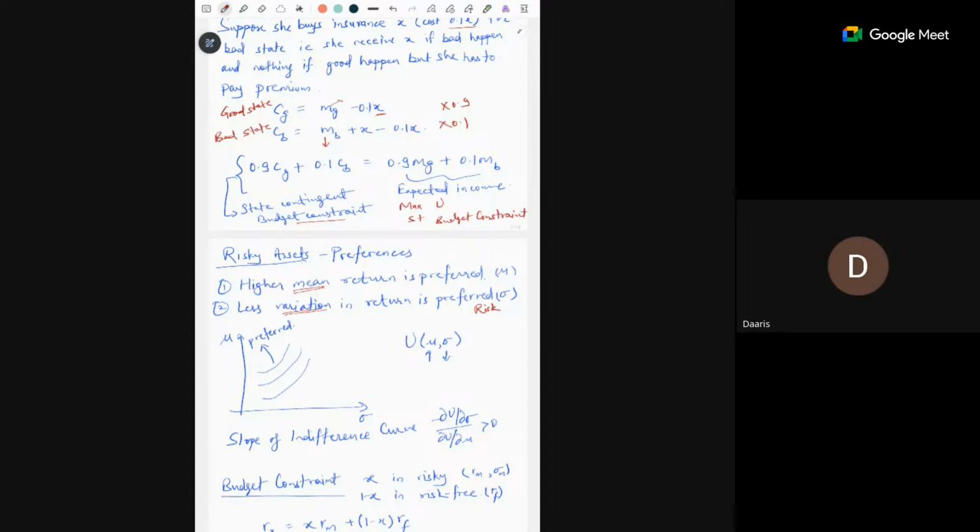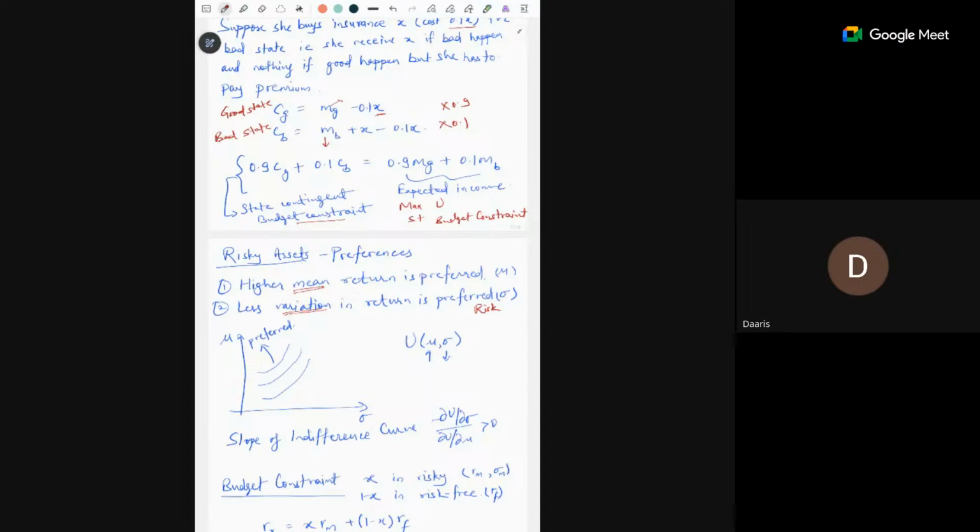So utility is increasing in mu, that is return, and decreasing in sigma, that is the variation or the risk.